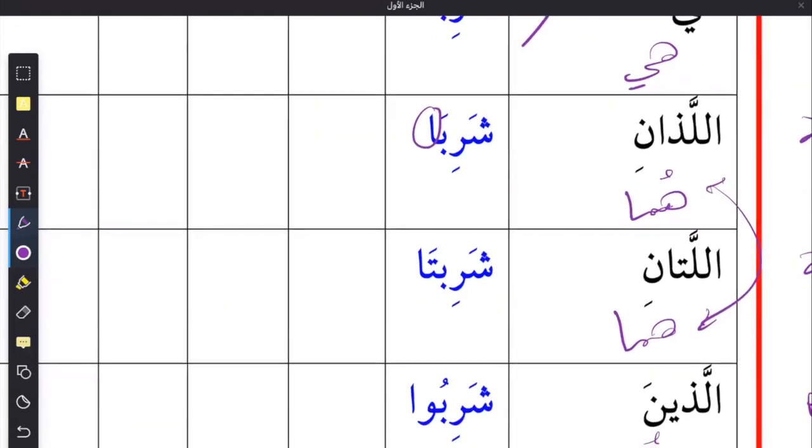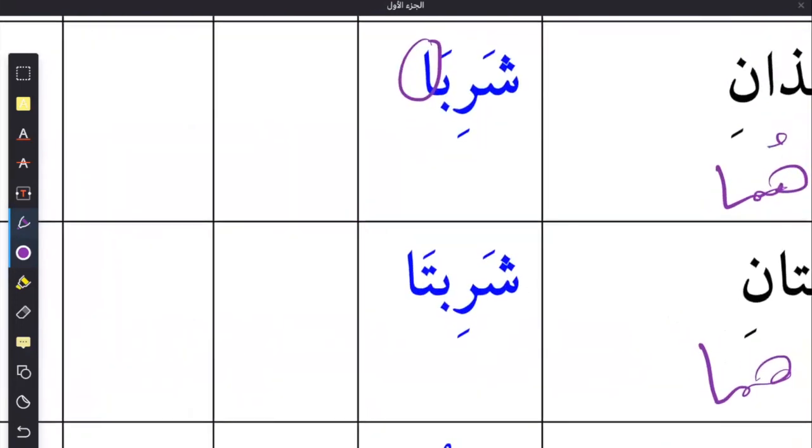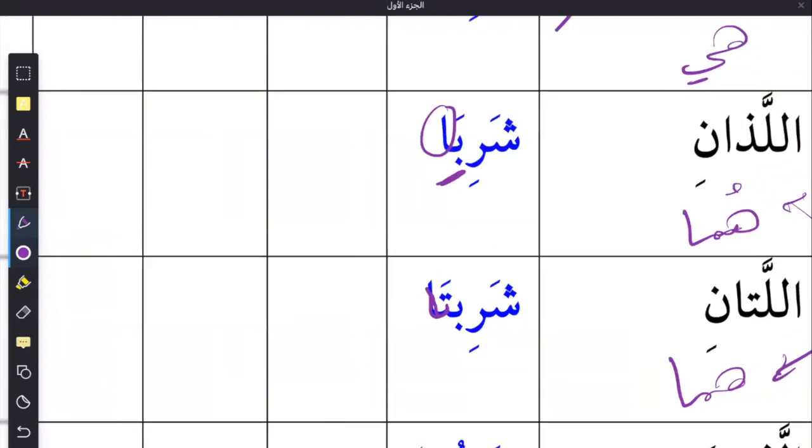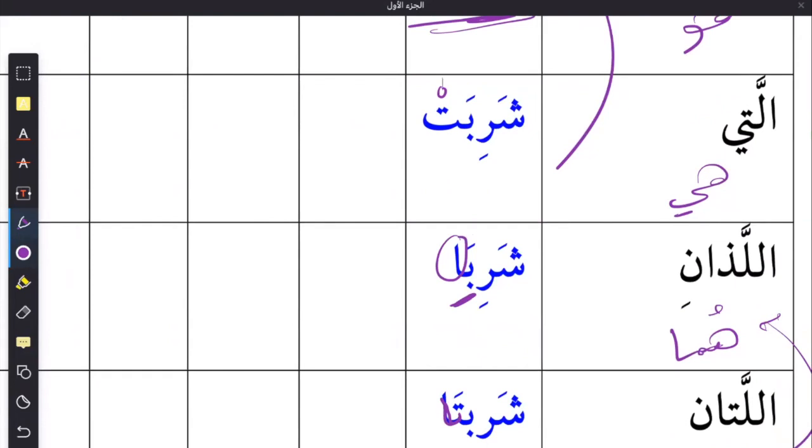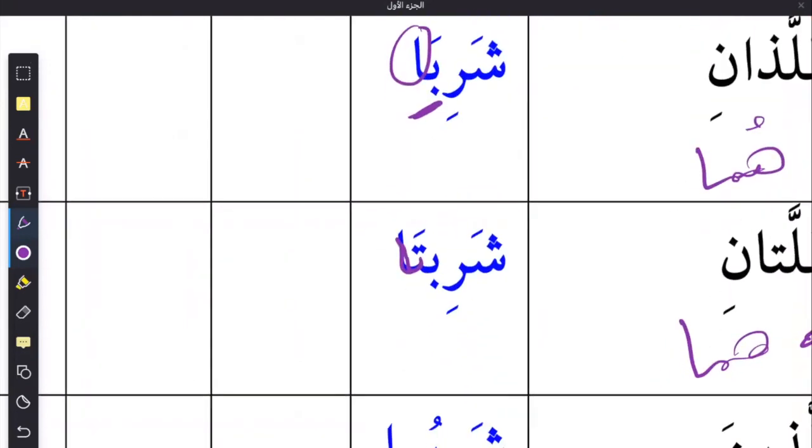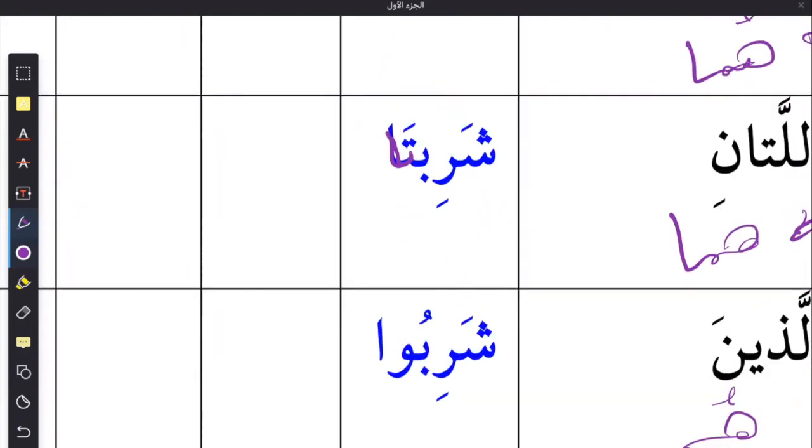For the feminine huma, you say sharibata. You add the ta and then alif. Here you just added alif; here you add ta and alif. Some people might make an analogy that since the feminine version had the ta, sharibat, the two feminine version should also have ta. You can think of it like that, but honestly, just memorize these things.